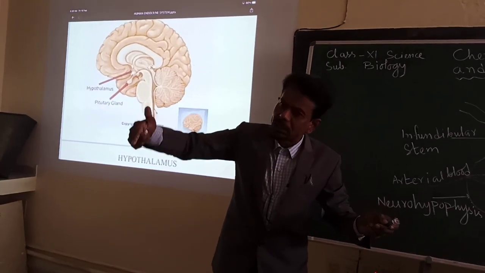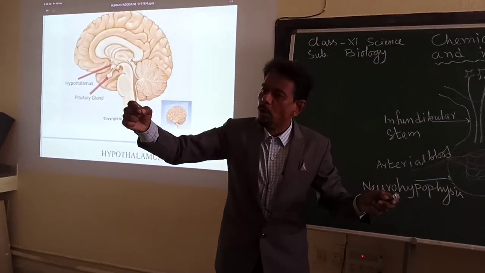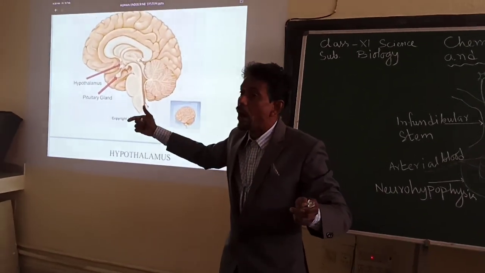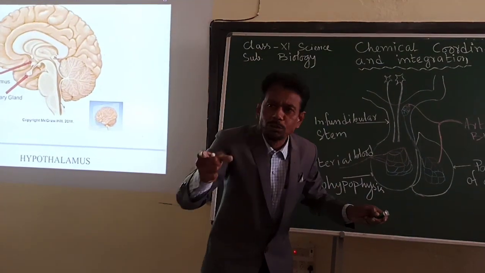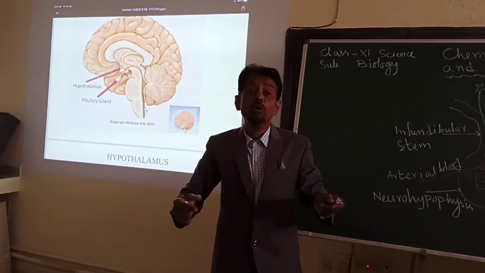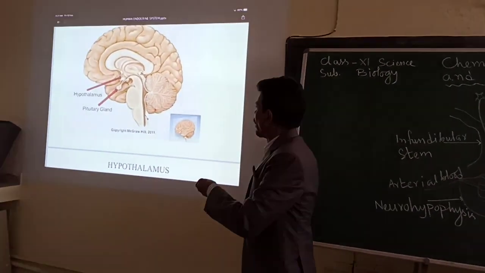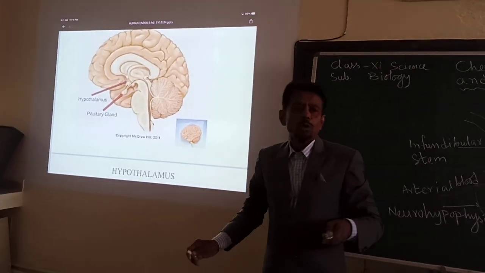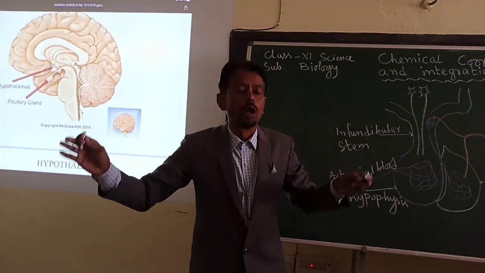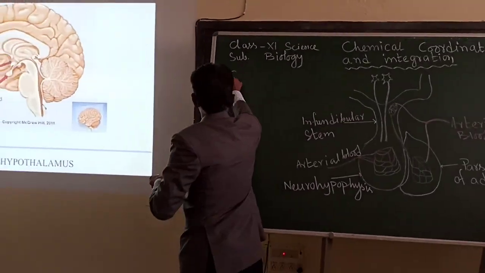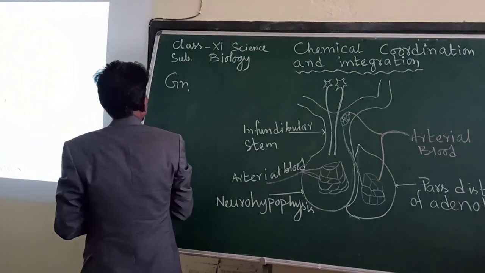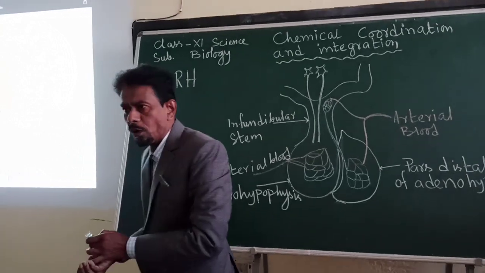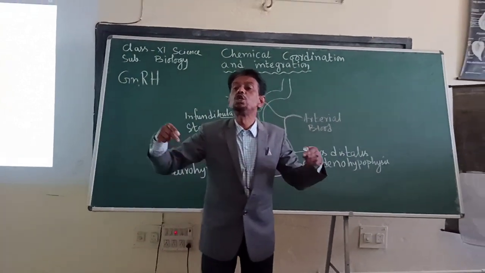The hypothalamus secretes hormones for releasing the hormones from other glands, as well as hormones which inhibit. For example, the hypothalamus secretes gonadotropin releasing hormone. What is the hormone? GnRH, gonadotropin releasing hormone. It acts as a stimulating hormone.